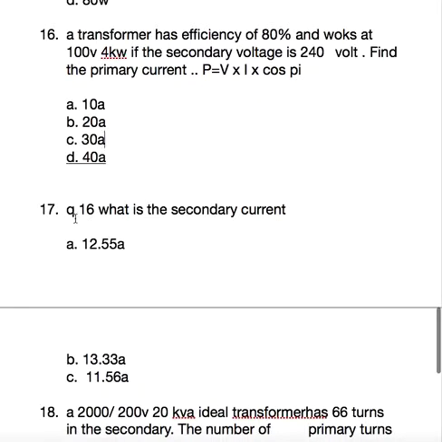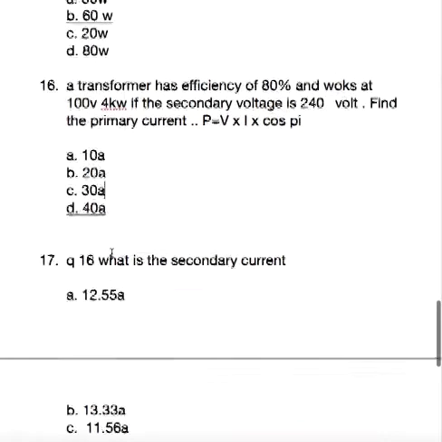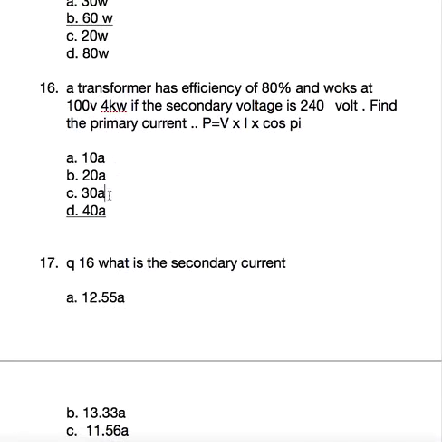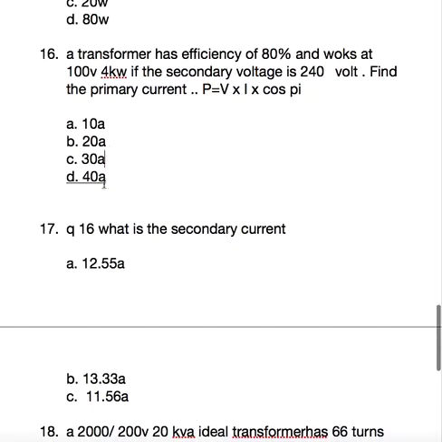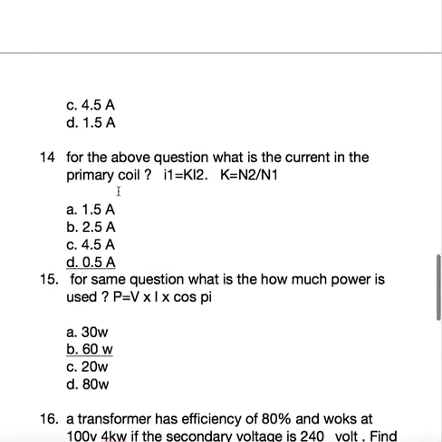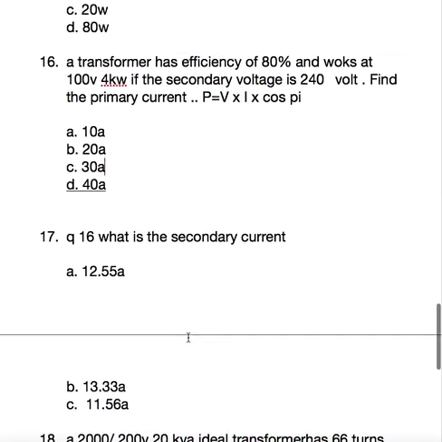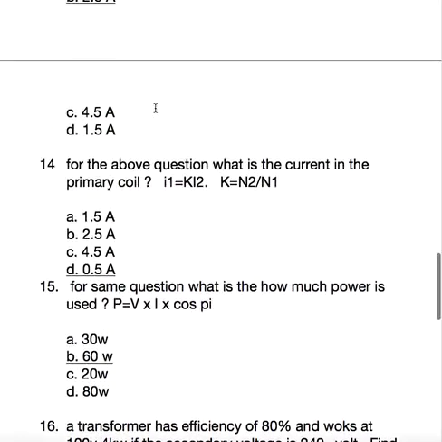Next, question 16. What is the secondary current? They are asking for the secondary current. In the previous question we found the primary current I1 as 40 amps.